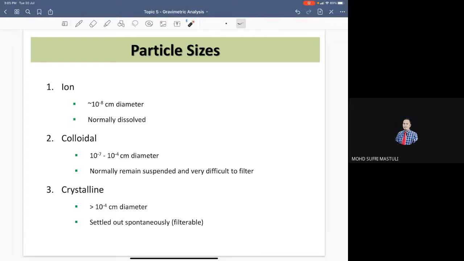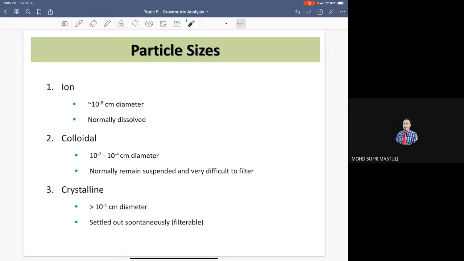In this video, we will continue our lecture on the previous topics. So in this slide, it is particle size. The particle size of the precipitate can be classified into several groups.